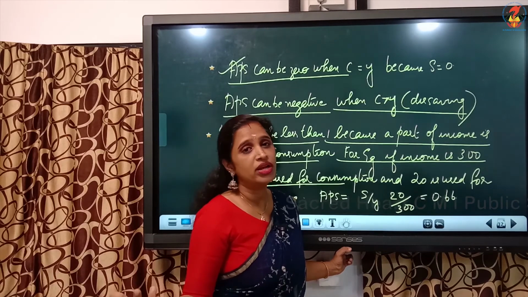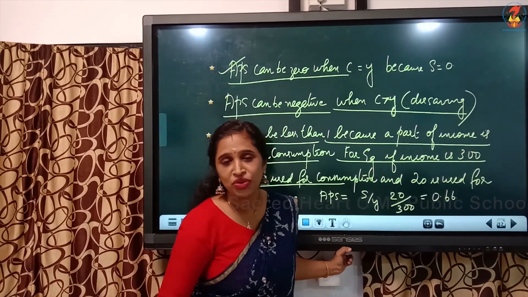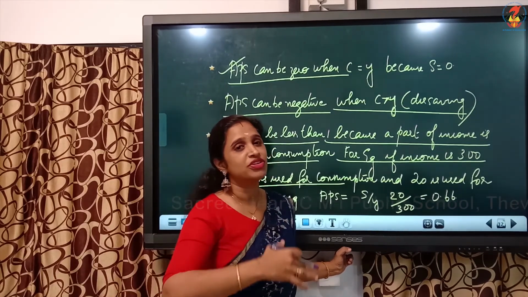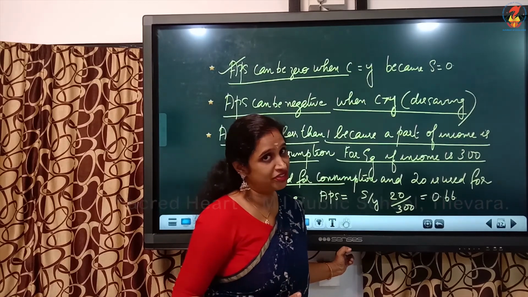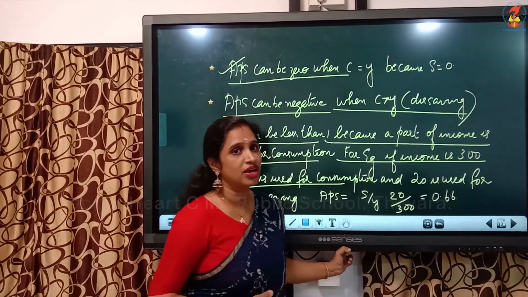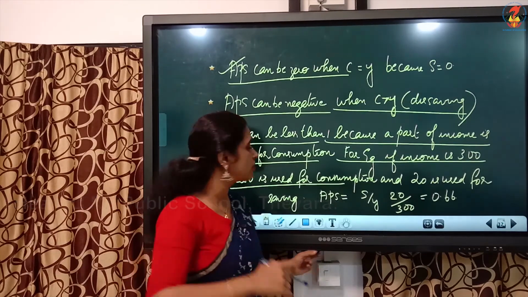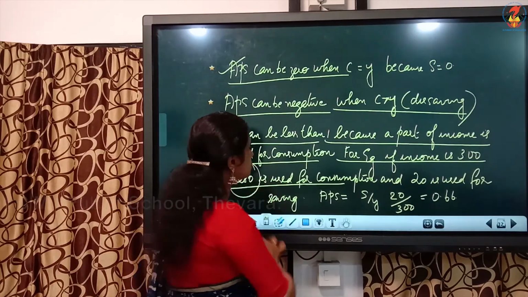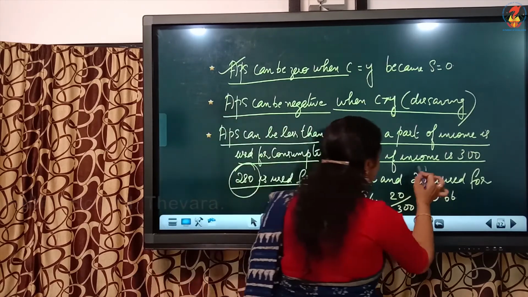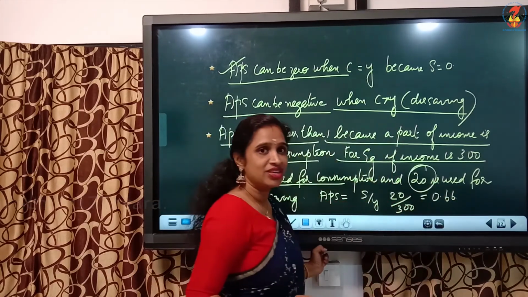But the whole income of 300 cannot be used for saving. A part of it is used for consumption. For people to survive, from 300, how much is used for consumption? 280 is used for consumption. That means 20 is used for saving.